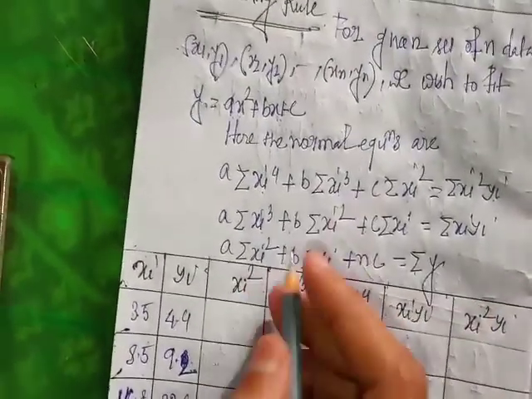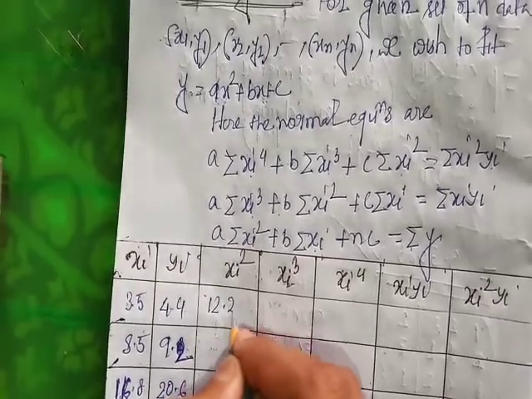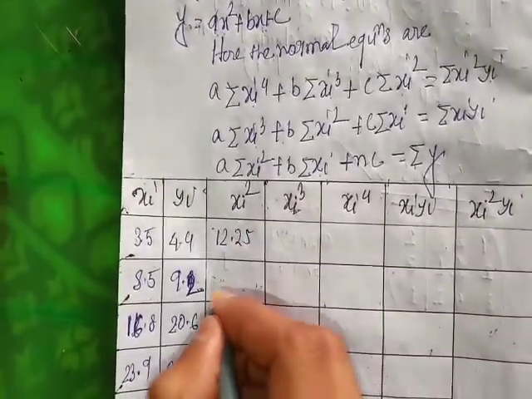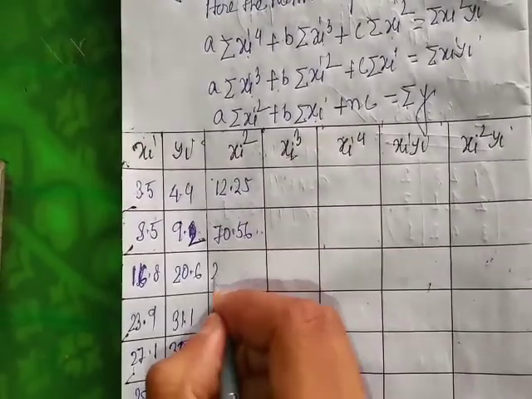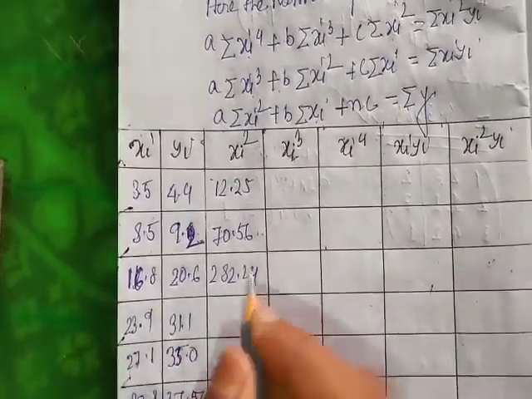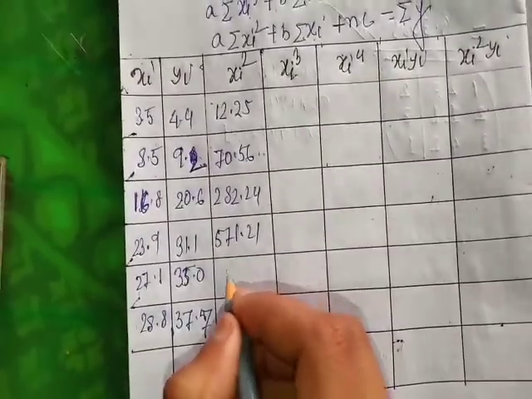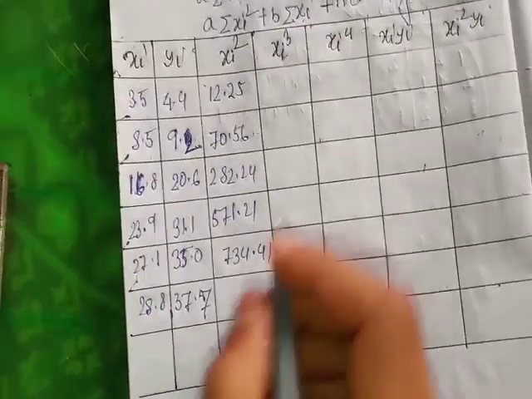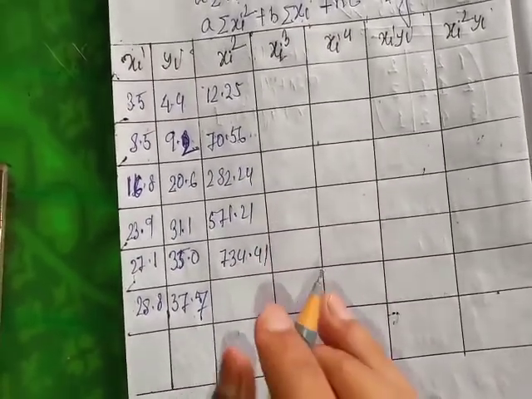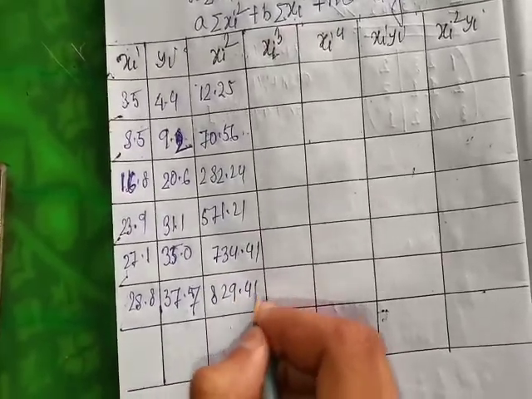So xi square is 3.5 square, which is 12.25. Then 70.56, 282.24, 571.21, 734.41, 829.44.